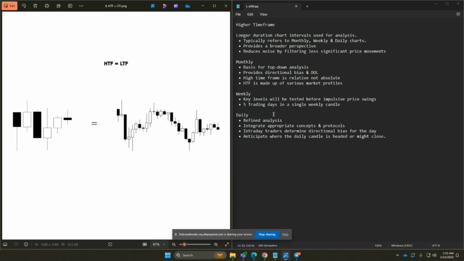When it comes to daily charts, they offer refined analysis. We'll look more into the charts a little bit later, but a daily chart is another way to get some more detail. You just want to make sure that you integrate the concepts and the protocols that we're going to go over.